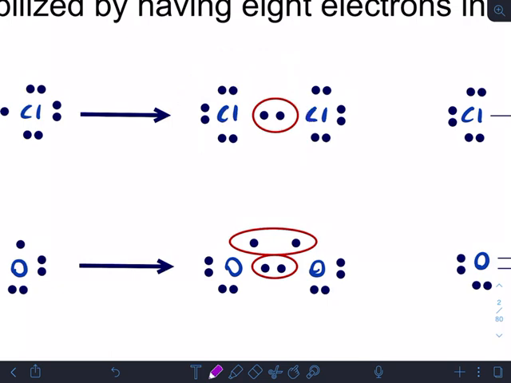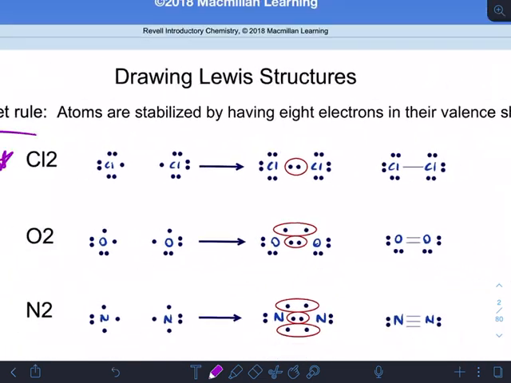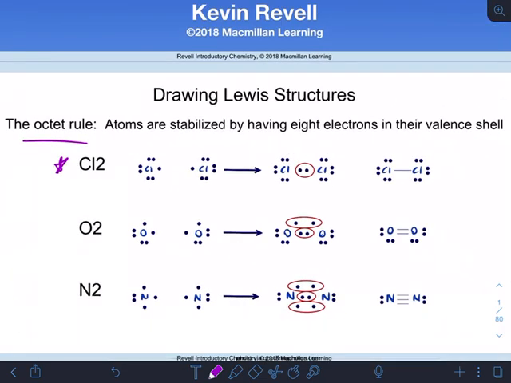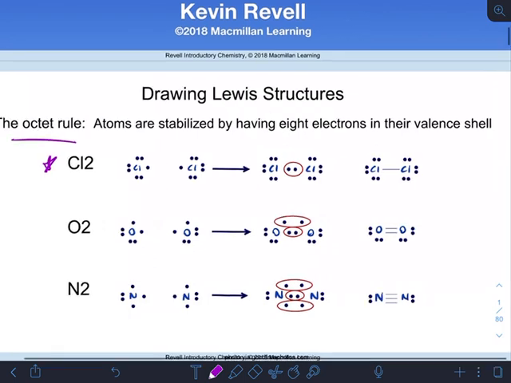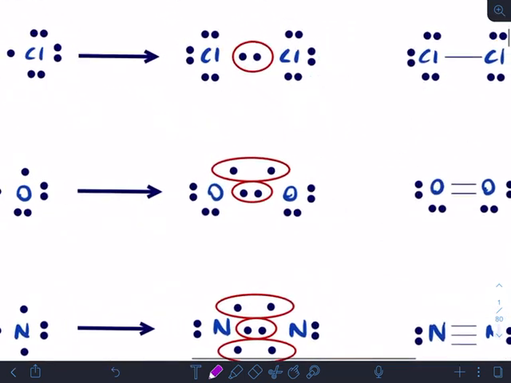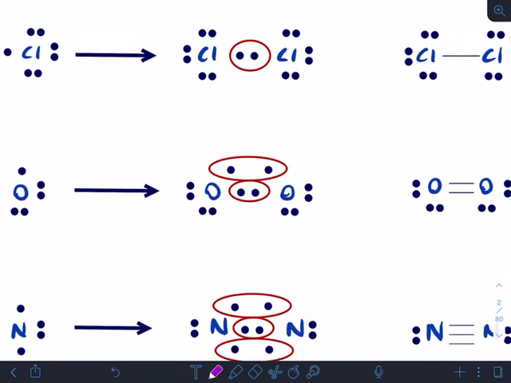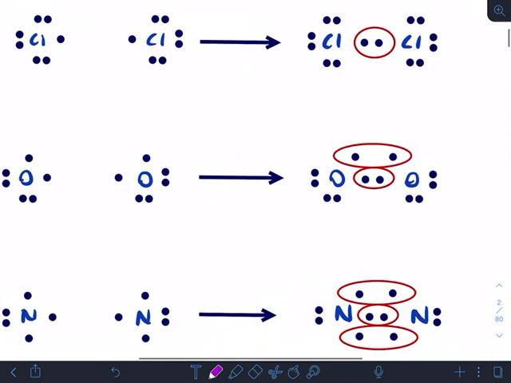So if I zoom in here, that left-hand chlorine feels like it has all of those electrons, and the right-hand chlorine feels like it has access to all of those electrons. Okay? So this is the way nonmetals make structures, they share electrons so that everybody feels like it has 8. Let's take a look at this oxygen molecule down here.